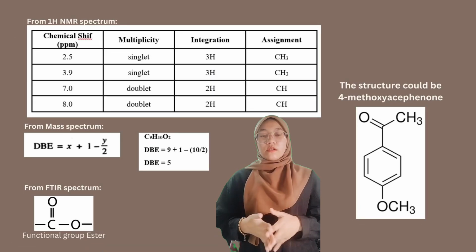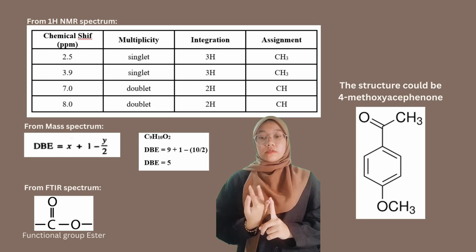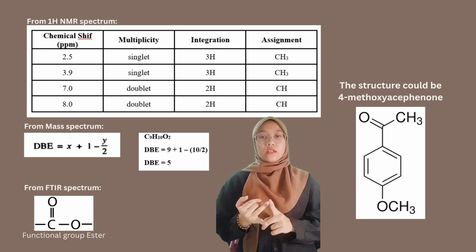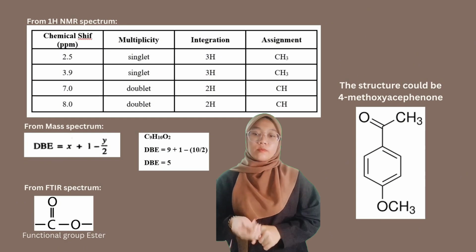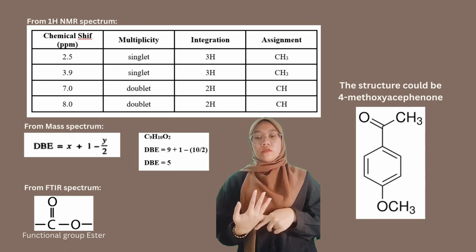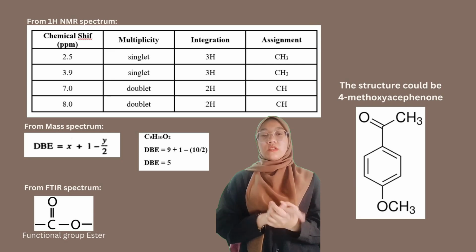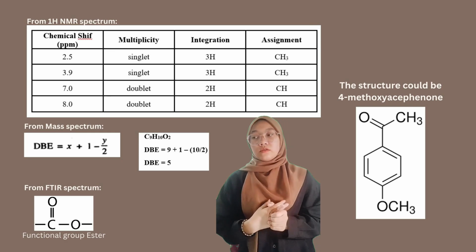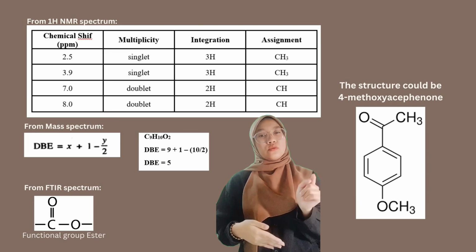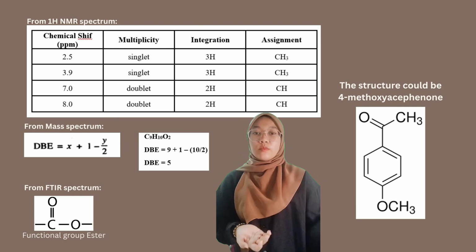Okay, for the last part, from the proton NMR spectrum analysis, at 2.5 ppm we get the methyl group. At 3.9 ppm, we get the methoxy group singlet, and at 7 to 8 ppm, we get the aromatic ring doublet.